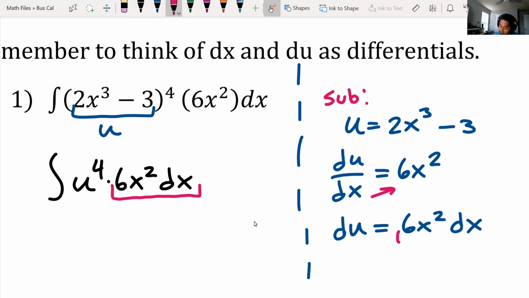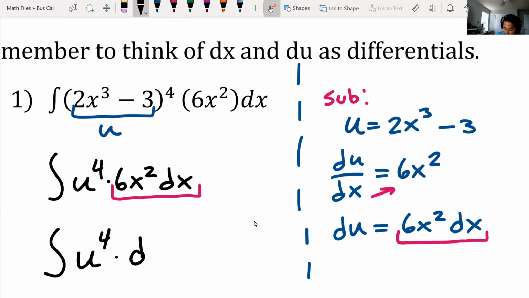So these match up, which means 6x squared dx just becomes du. So what we're left with is the integral of u to the fourth times du. There you go. And now we have an easier looking integral.